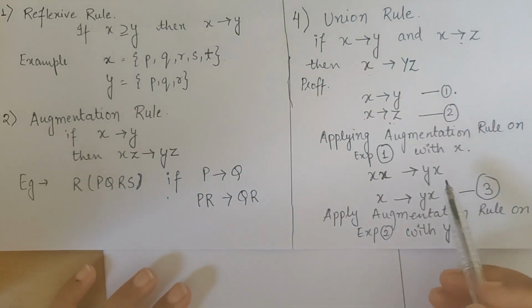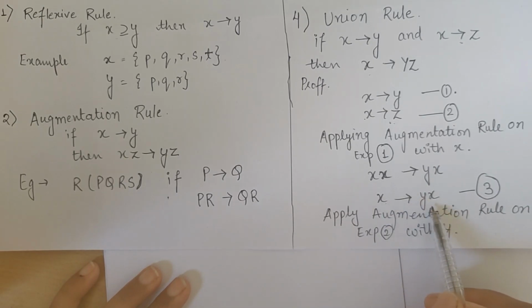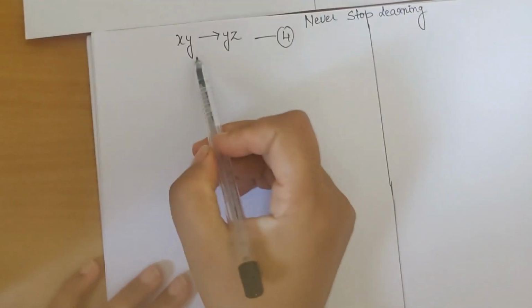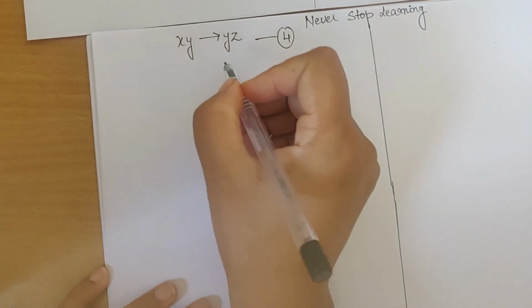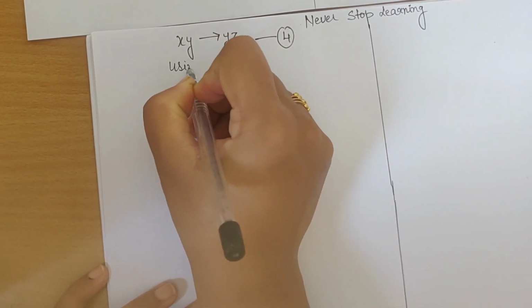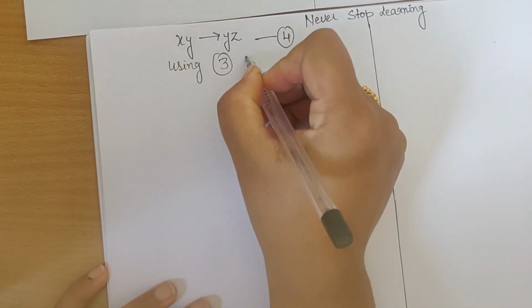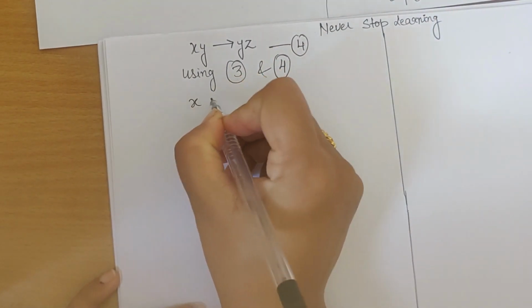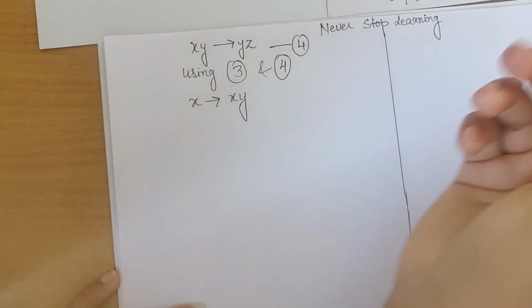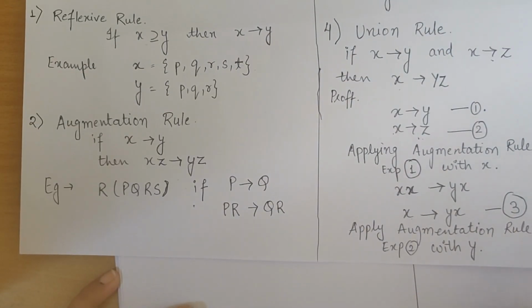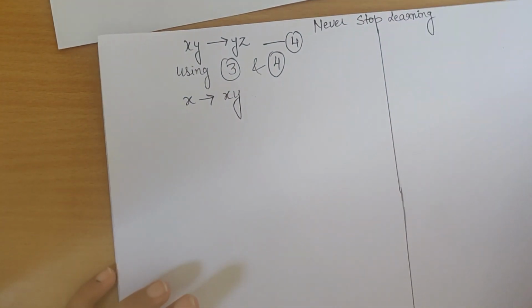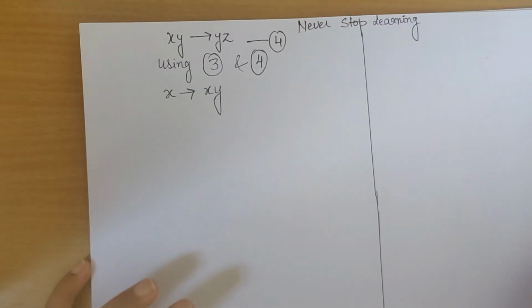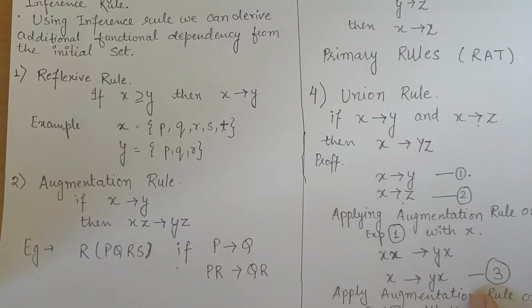So using the third and fourth, I am applying transitive here, and I can say x determines yz. That's why they are known as secondary rules, because this is derived from the earlier rules. We have used augmentation and transitive to prove union.